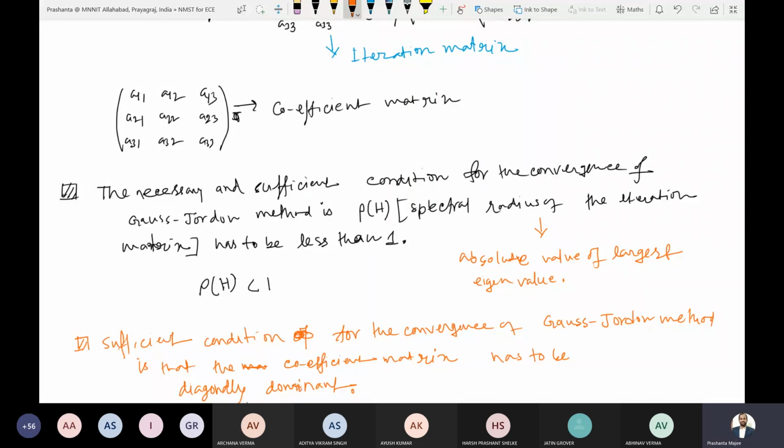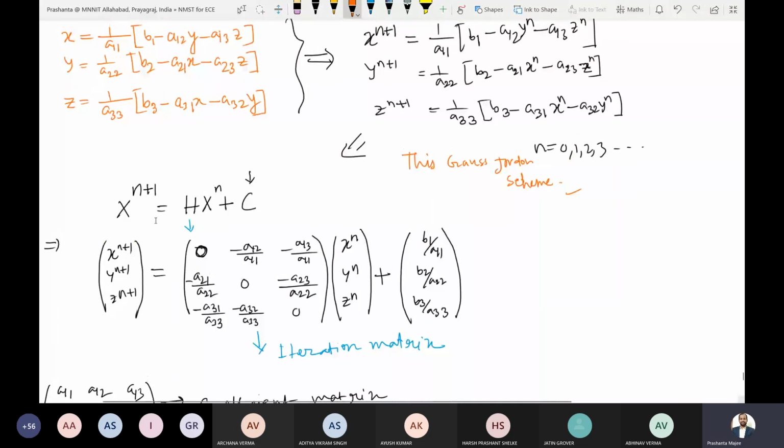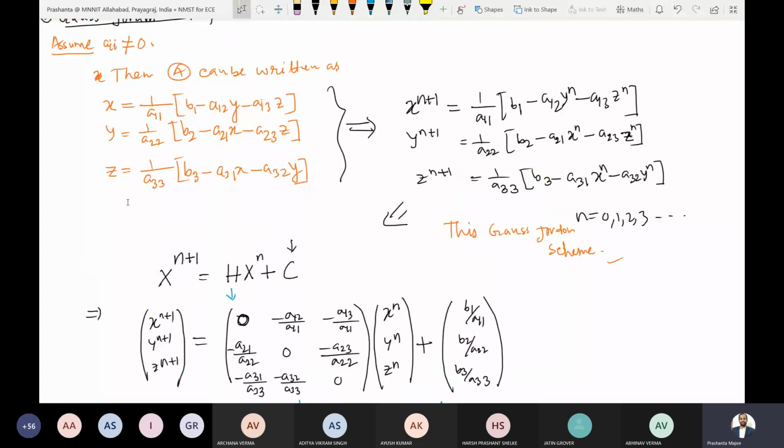Diagonally dominant means that the absolute value of the diagonal element should be greater than or equal to the absolute sum of the remaining elements in that row. If you take any row, the absolute value of the diagonal element should be greater than or equal to the absolute sum of the remaining elements in that row.